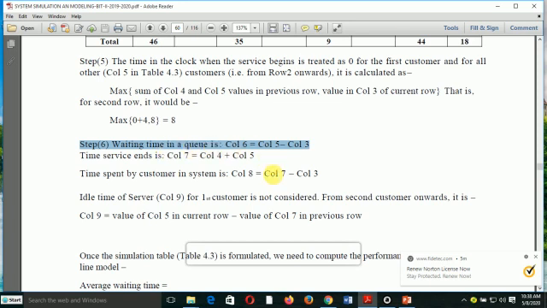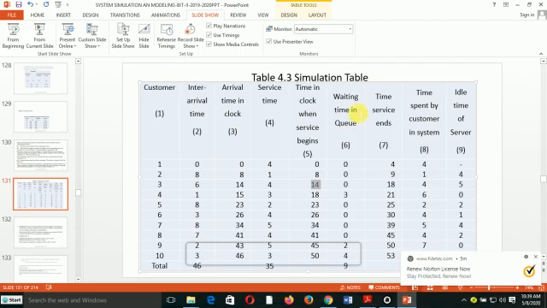It will be equal to the time he leaves the queue minus the time he arrives into the queue. We know the waiting time, the total time he spent in the queue.